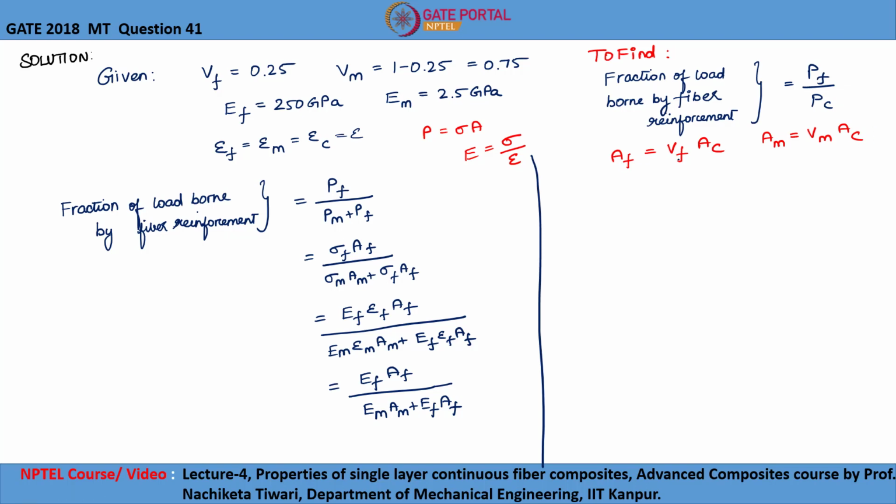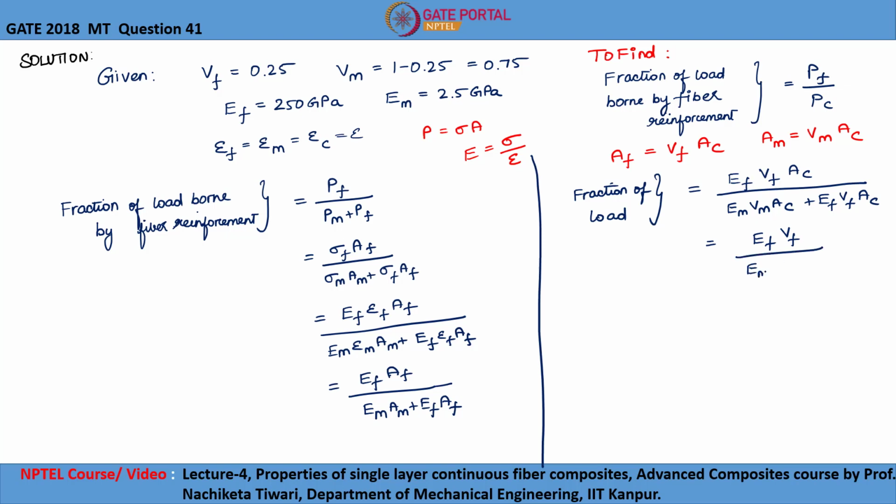So on substituting these values, we will be getting the fraction of load as Ef Vf Ac by Em Vm Ac plus Ef Vf Ac. So this area of the composite term can also be neglected. So the final equation will be Ef Vf by Em Vm plus Ef multiplied by Vf.